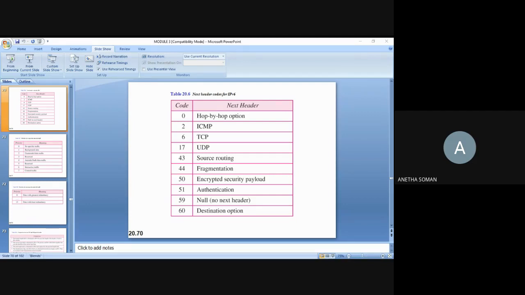You will have a packet or a datagram in IPv4 as well as IPv6, and in short you can call the packet a datagram. You will have specific formats for that, and that is what we discussed in today's class: the format of IPv6 and the datagram format of IPv4.